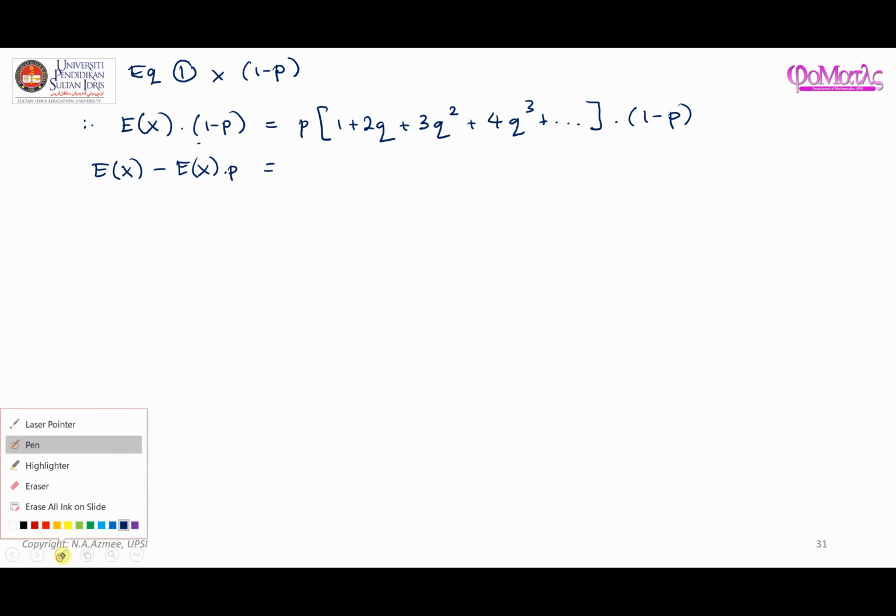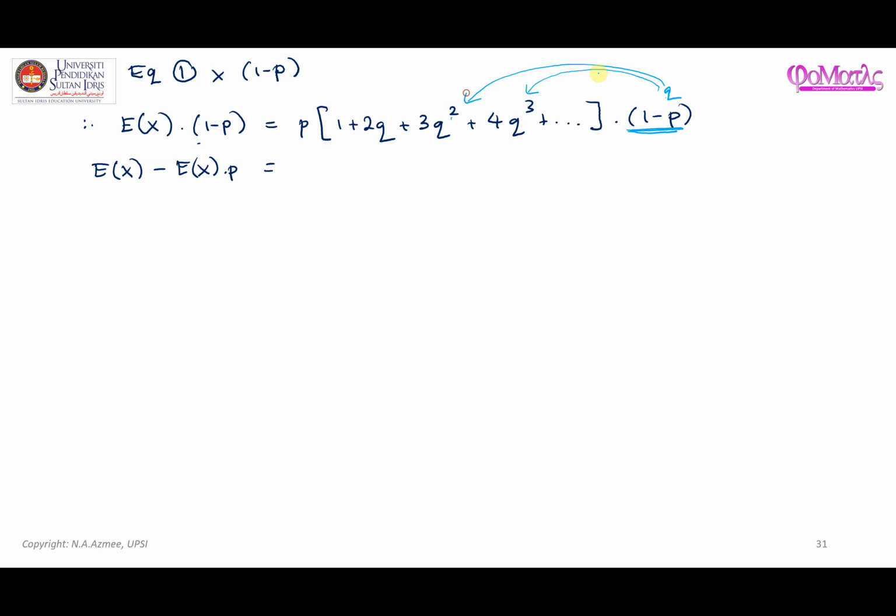And then 1 minus p is actually q, and we can multiply q with all the terms inside the bracket. So we have p, and q times 1 gives q, plus 2q squared plus 3q cubed plus 4q to the power of 4 plus dot dot dot. That's the simplified version, and I'm just going to call this equation 2.